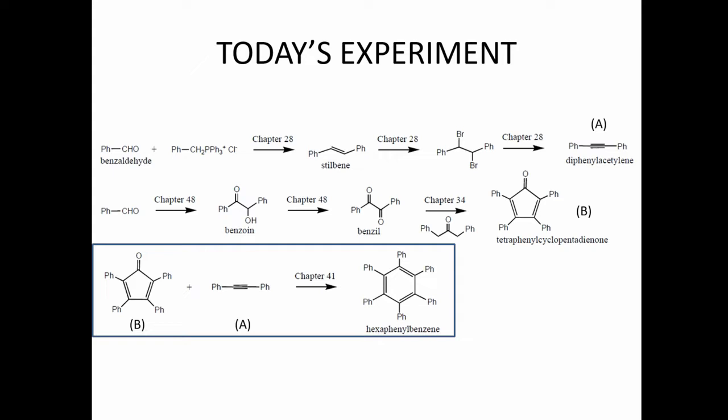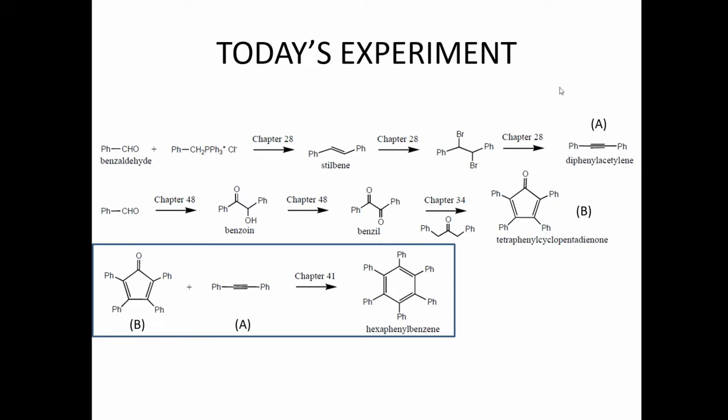So the whole point of this semester-long project was so that you could understand the benefit of a convergent synthesis. If we look back at all of the experiments we performed, we can break them down into two chains.